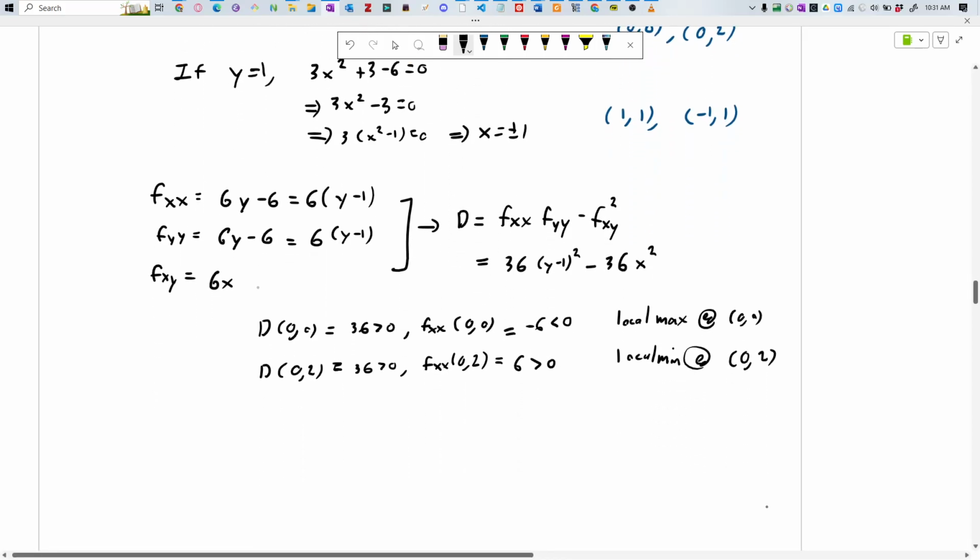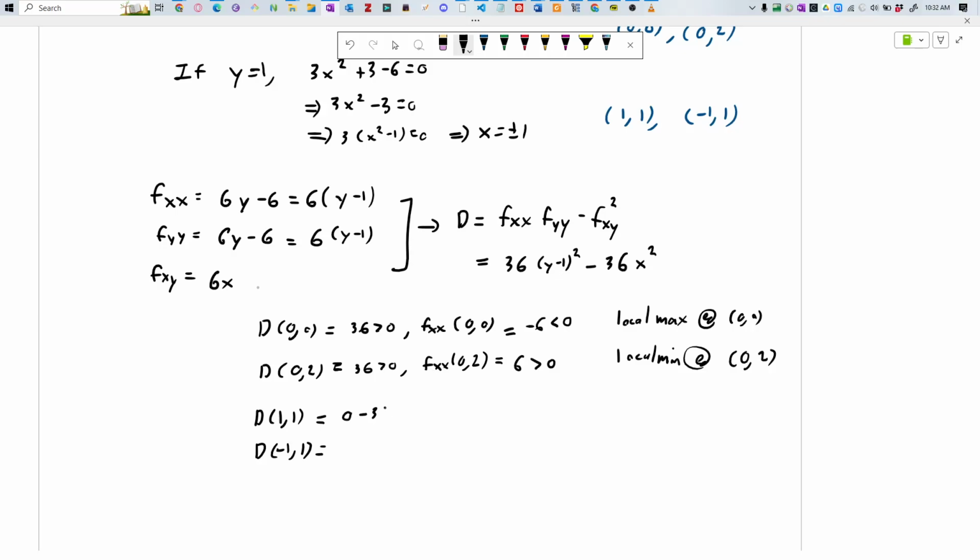Alright, so now what's going to happen with the 1, 1 and 1, minus 1? We'll just also copy that down, or minus 1, 1. Plugging this in, so the 1 makes this a 0, minus 36. Aha. Okay.